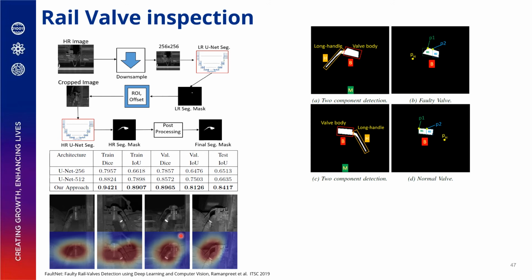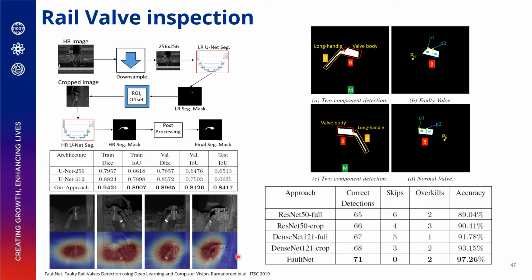Over here, we show the attention map of the network, and you can see that it's indeed focusing at the right region for its classification for ResNet. The results we got for ResNet and DenseNet as well as FaultNet are over here, right? The total number of images, as I mentioned, was 73.